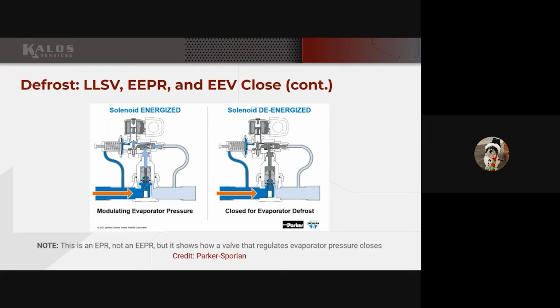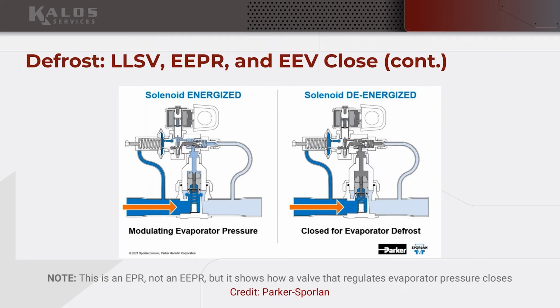Yeah, this is something you got to stop and think about, right? So we want to provide power to the liquid line solenoid when we want refrigerant to flow. When you get a solenoid that's energized, it is open. It opens the valve.